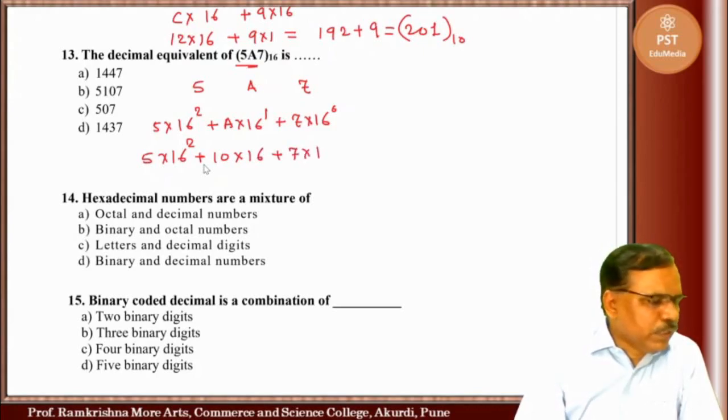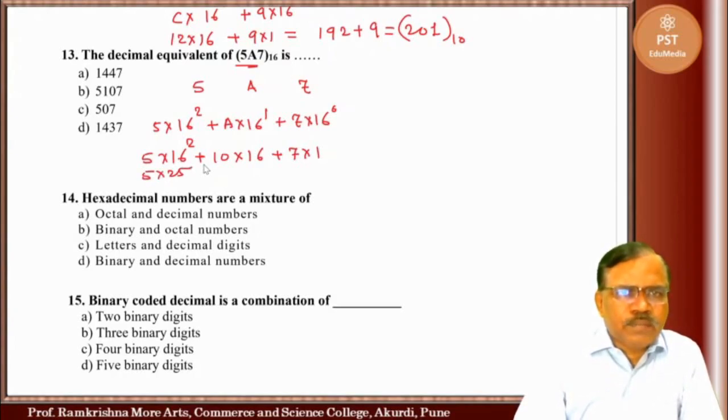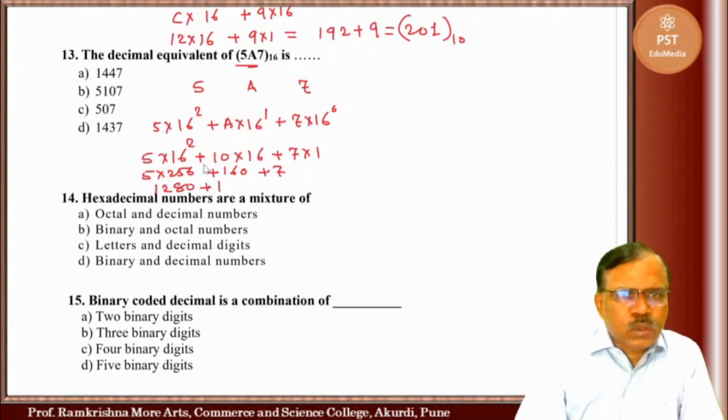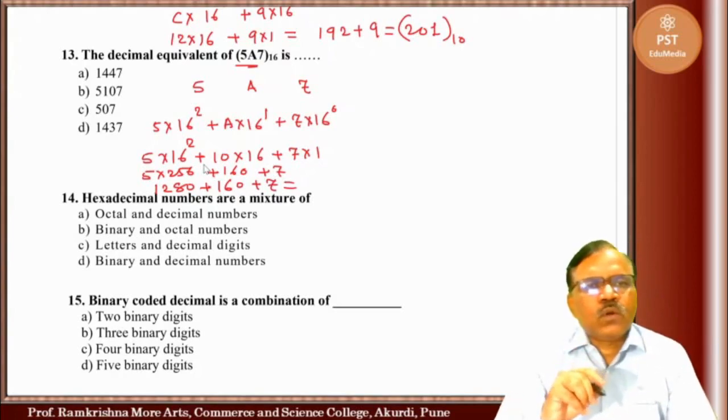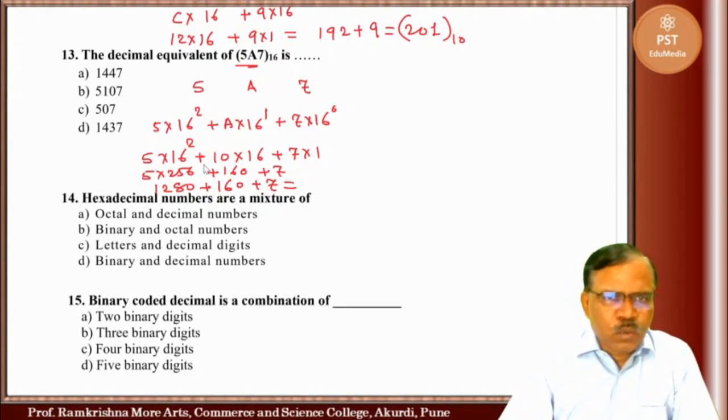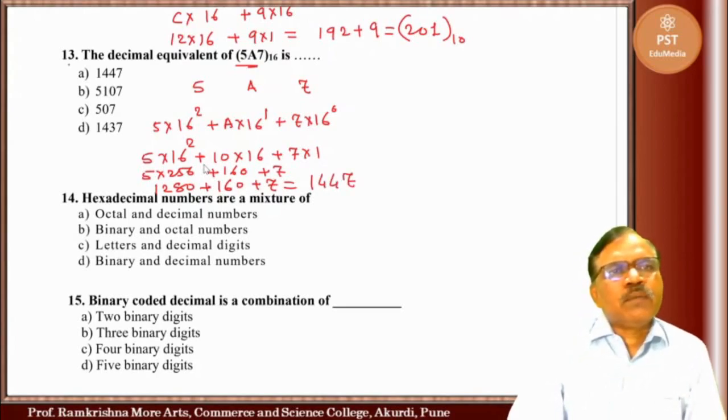So 5 into 256 plus 160 plus 7. 5 into 256 is 1280, plus 160 plus 7. Adding these, it comes out to be 1447. So the first one is correct.